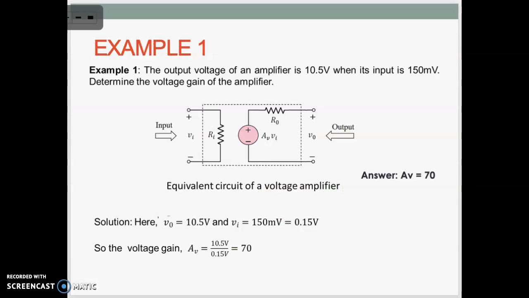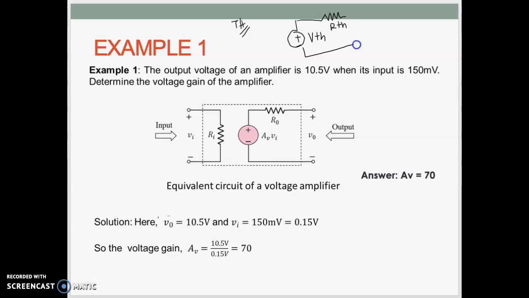Let's see one example here. This is a circuit of a voltage amplifier. If you recall Thevenin, what is the equivalent circuit of the Thevenin? We have a voltage source VTH in series with your RTH.